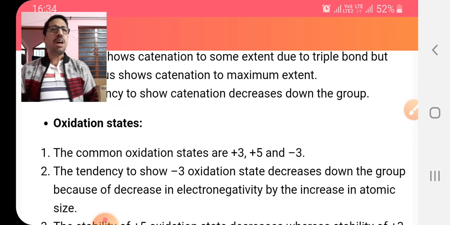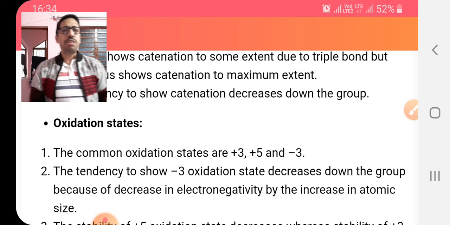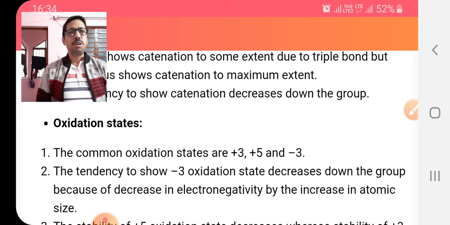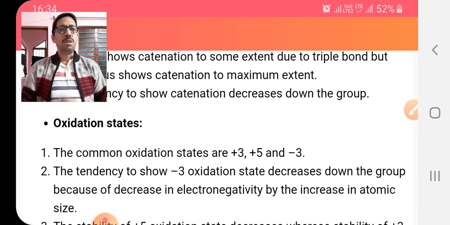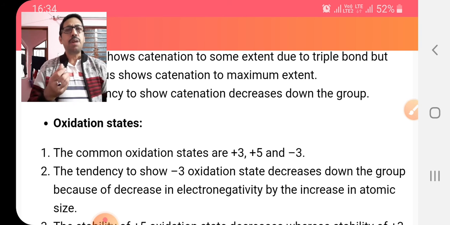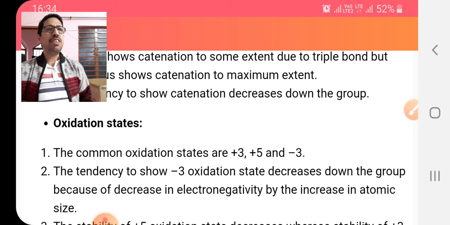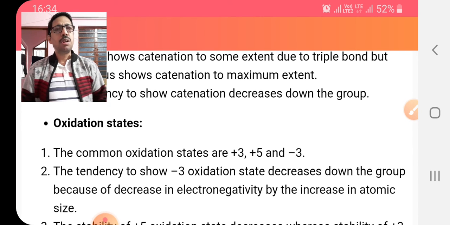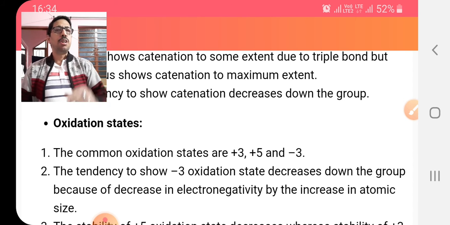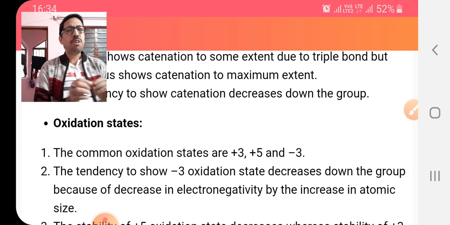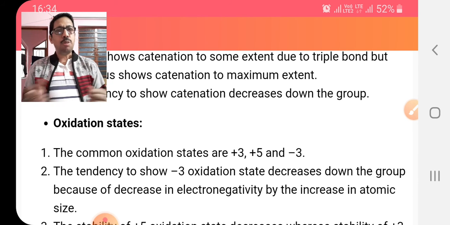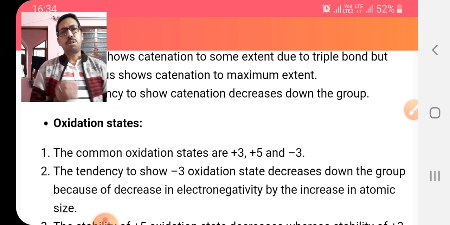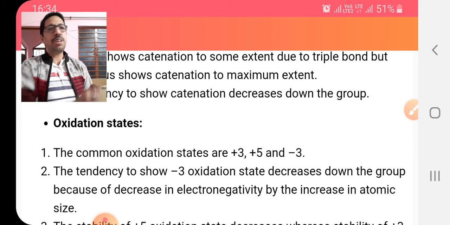Because on descending down the group, the tendency of the s orbital to lose its 2 electrons becomes less, and as a result the lower oxidation state becomes more stable, which is only because of the removal of 3 electrons from the p orbital. As we know, the general valence shell configuration for group 15 elements is ns2 np3.